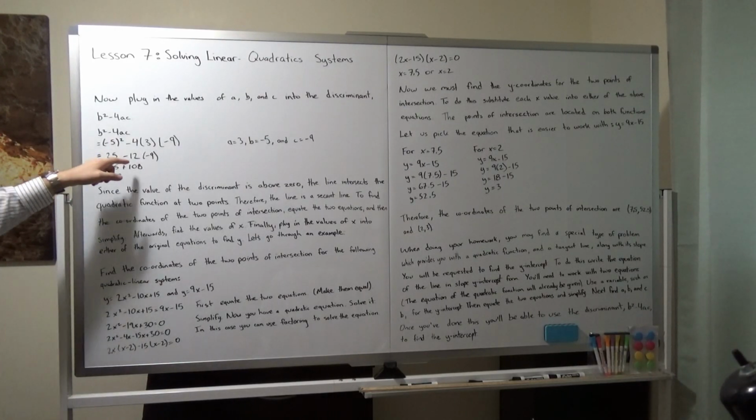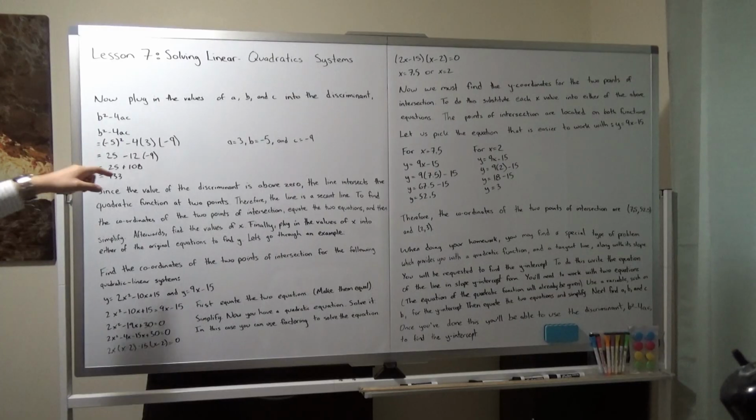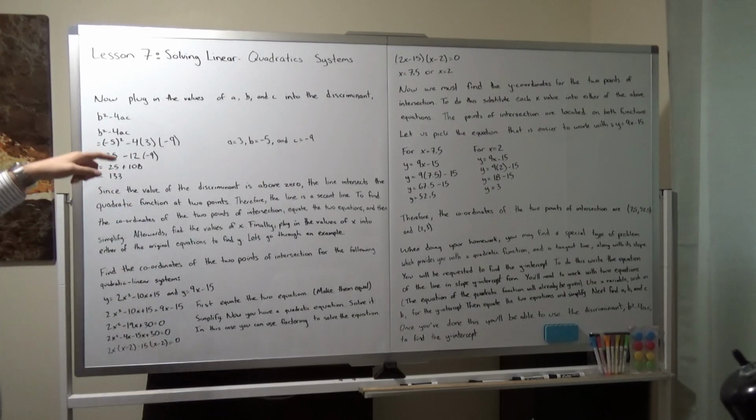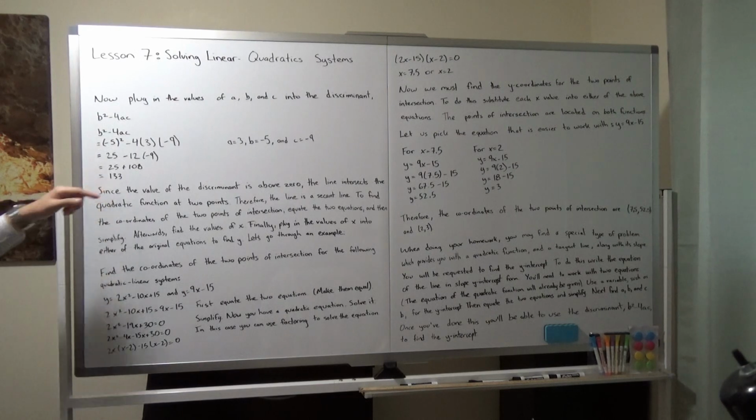Then -12 times -9 is equal to positive 108. 25 plus 108 is 133. Since the value of the discriminant is above 0, the line intersects the quadratic function at 2 points.